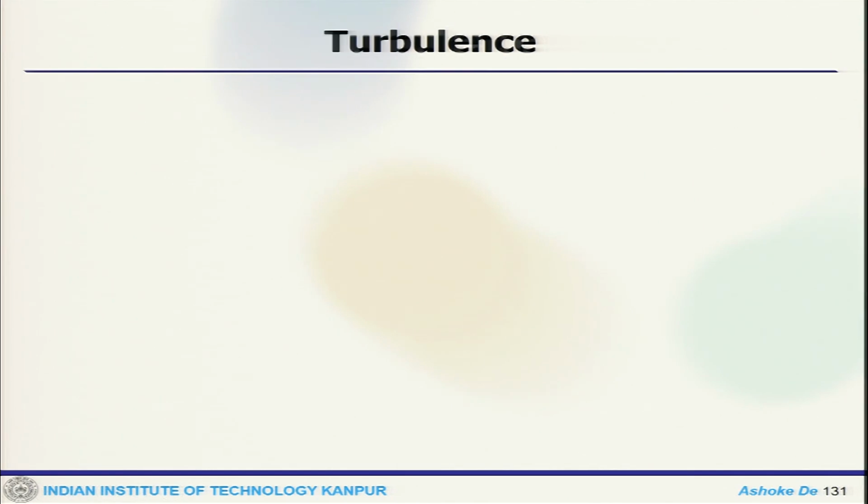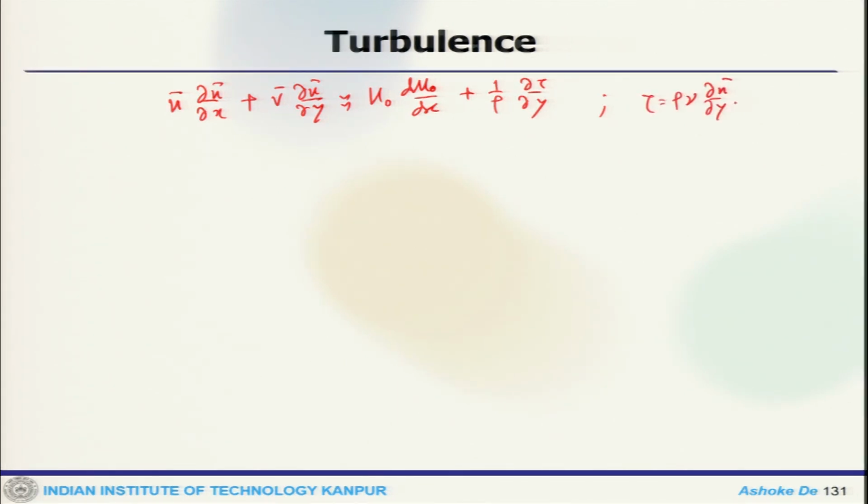So, from the approximate momentum balance we get u bar del u bar by del x plus v bar del u bar by del y equals u naught du naught by dx plus 1 by rho del tau by del y, where tau is rho nu del u bar by del y minus rho u prime v prime. Now, we can integrate this equation from the wall to y.